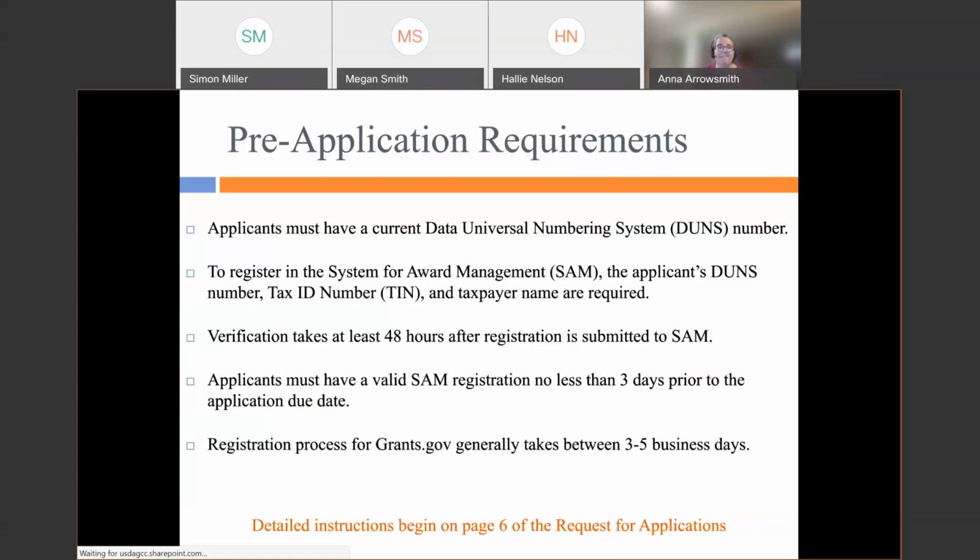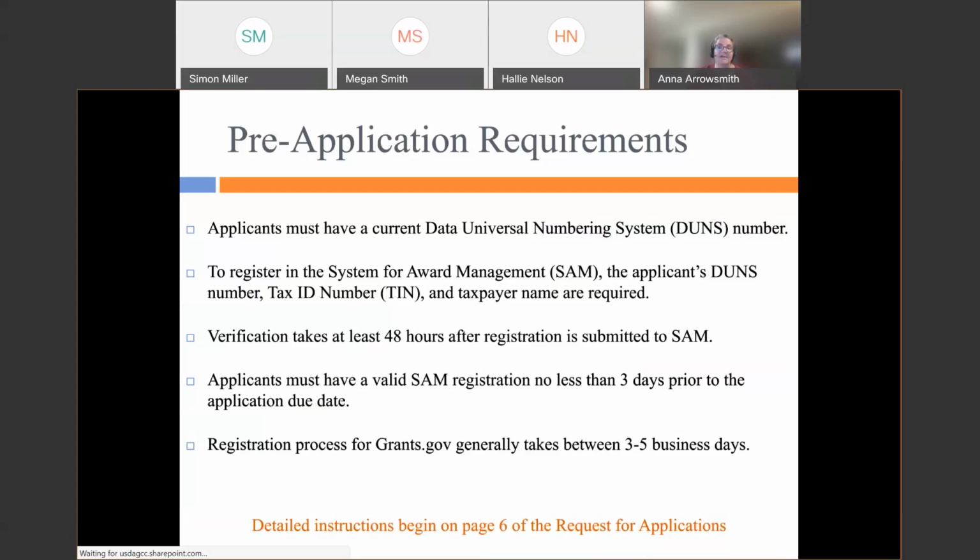So if you do all that math, you'll see that you have some upfront work to do before you can submit your application through grants.gov. I would suggest getting started with that part of it right away, but no later than 3 weeks before you plan to submit your application. I'm going to go ahead and guess that most applicants will already have a DUNS number, but if you've never applied for a federal grant before, you probably aren't registered in sam.gov or on grants.gov.